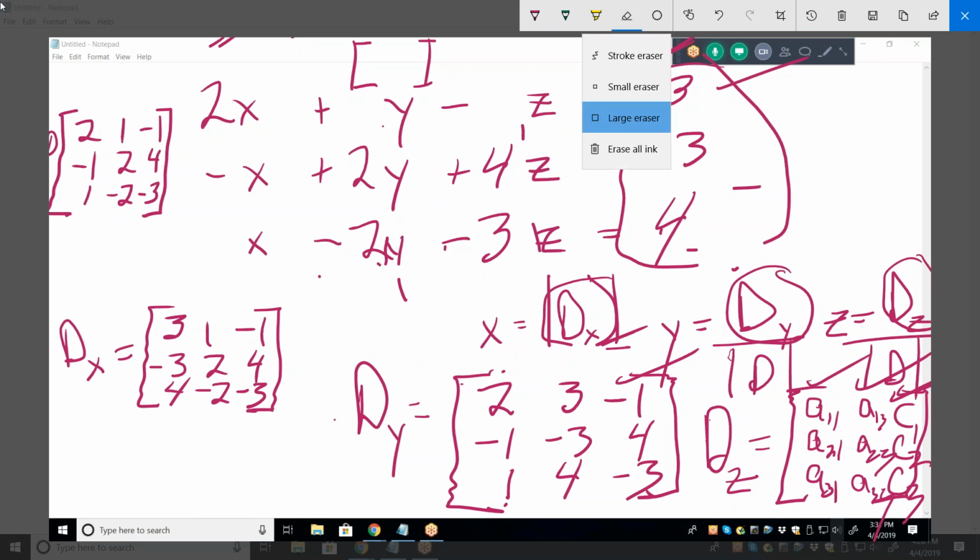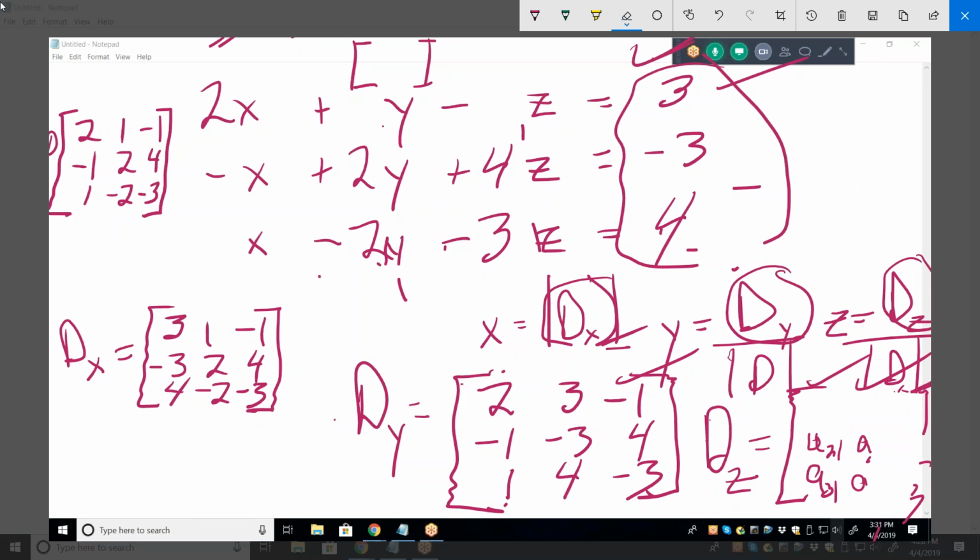And finally, the D sub z matrix. 2, 1, 3. Negative 1, 2, negative 3. 1, negative 2, 4. There you have it.